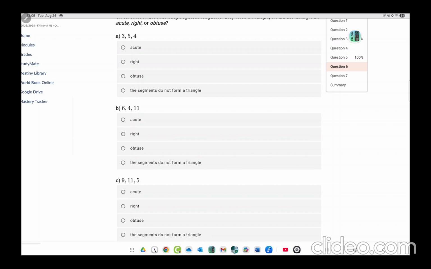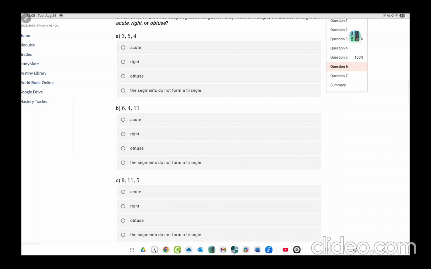In order for 3 sides to even make a triangle, the 2 smallest sides have to add up to be bigger than the largest side. If they don't, you're done. You just put that this isn't a triangle.